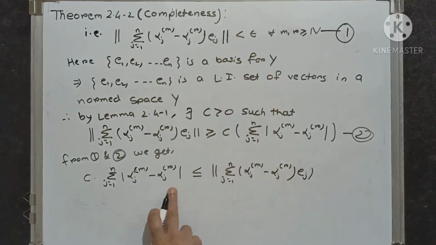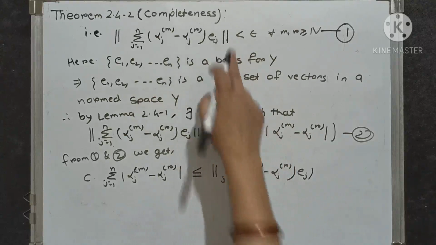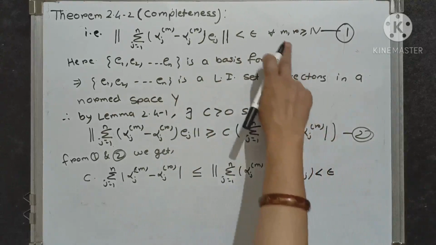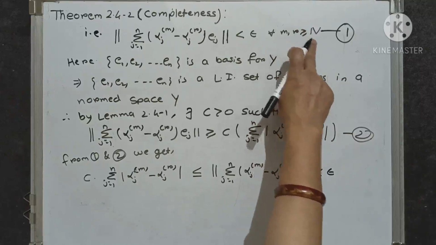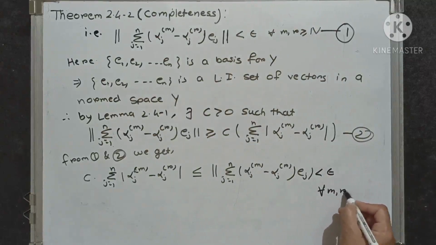This is the inequality from equation 2, and this is from equation 1. It is less than epsilon when m, r both are greater than or equal to N, and therefore we are writing here for all m, r greater than or equal to N.